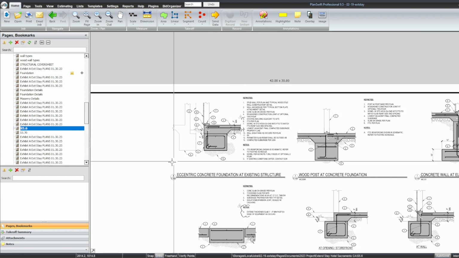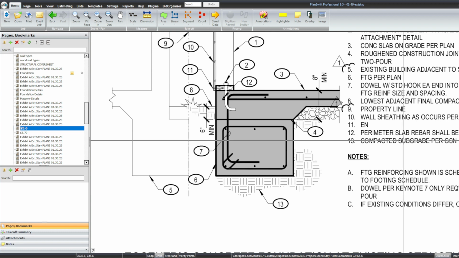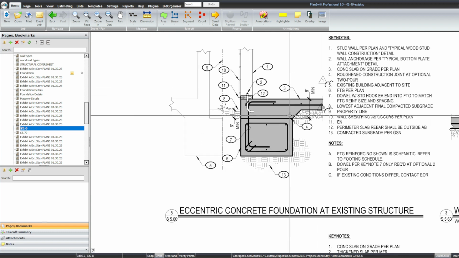Now the size of the rebar, 7, style, for the footing schedule, oh, okay.